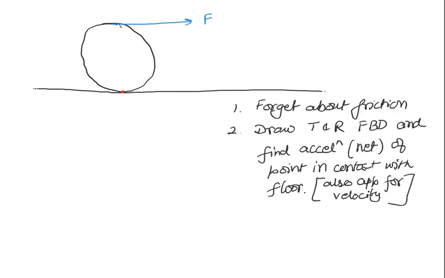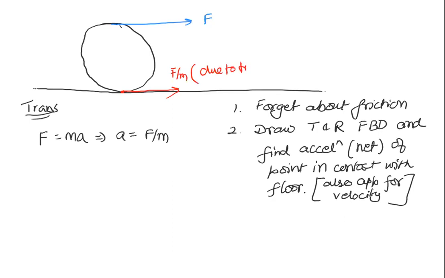So if I talk only about the translation of this object, and there is no friction, remember, we have forgotten about friction, then F must be equal to MA, and this implies that A must be equal to F by M. So the acceleration of this point due to translation is F by M.